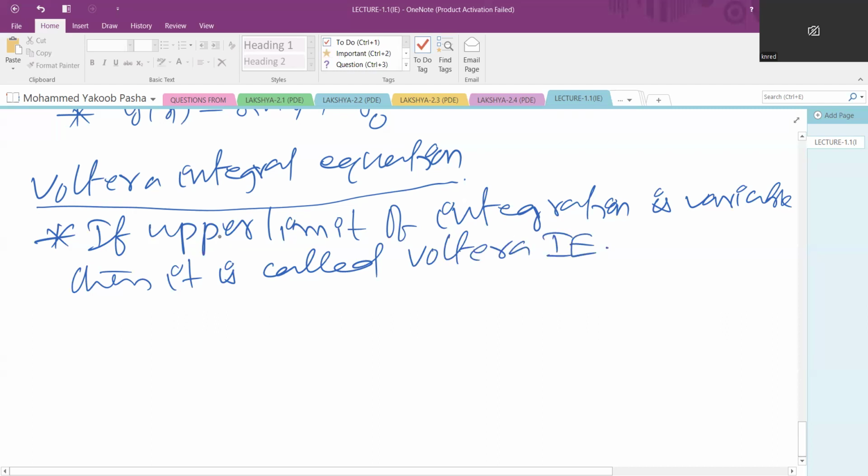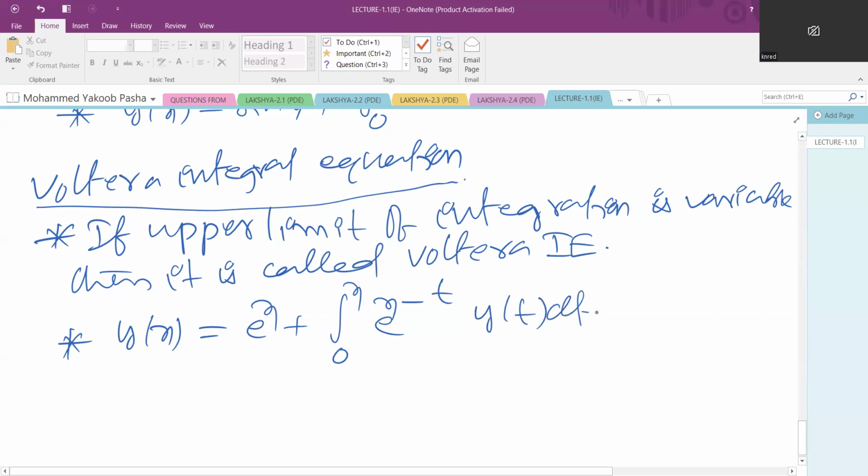We can observe here only the upper limit is a variable. That means y of x is equal to integral 0 to x, here we are taking the upper limit, e to the power of x minus t into y of t into dt. This is an example of a Volterra integral equation.